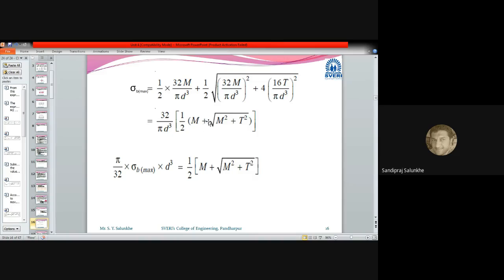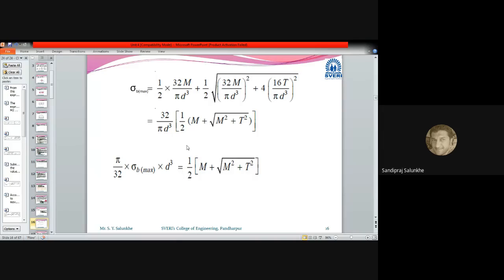So half M, plus under root M square plus T square, with 32 divided by pi d cube as common. It becomes 32 divided by pi d cube into bracket half of M plus under root M square plus T square, right?